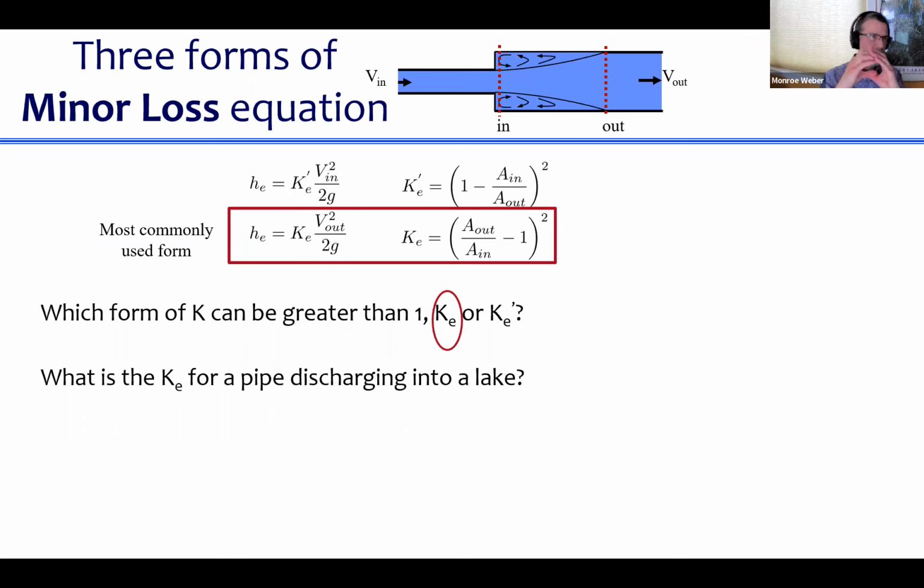So, small pipe discharging into big lake. What's KE? You can do the math. What's A out over AN for that case?